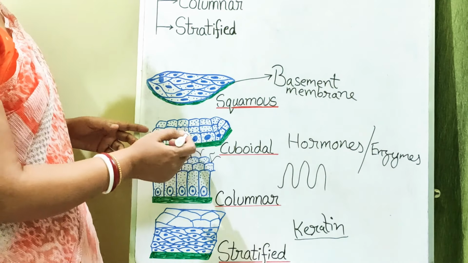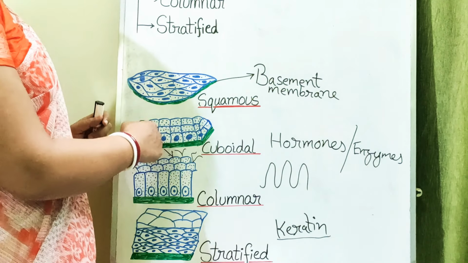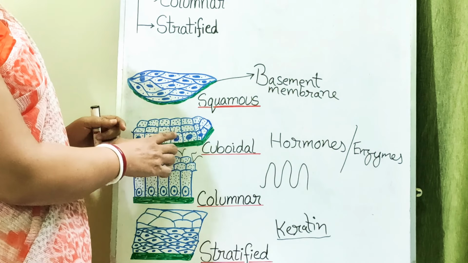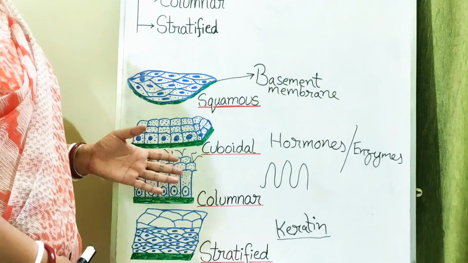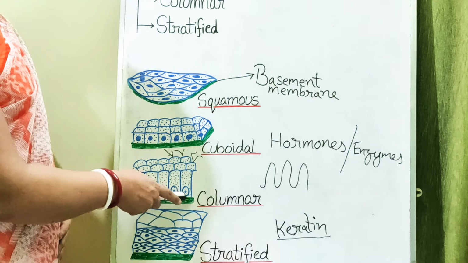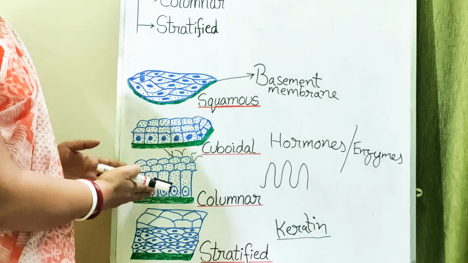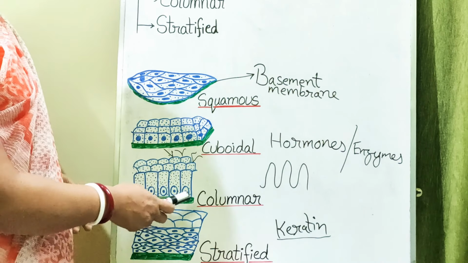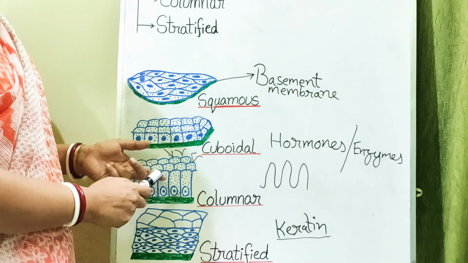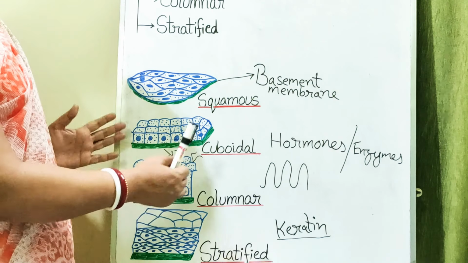Cuboidal epithelial tissues, I told you, are found in parts like the salivary glands. They are found in the kidney tubules and sweat glands, and they are associated with the secretion of hormones and enzymes in our body. And columnar epithelial tissues, I told you, are found in the small intestine wall, the stomach wall, and the colon, that is the large intestine, and they are pillar like, compactly arranged.